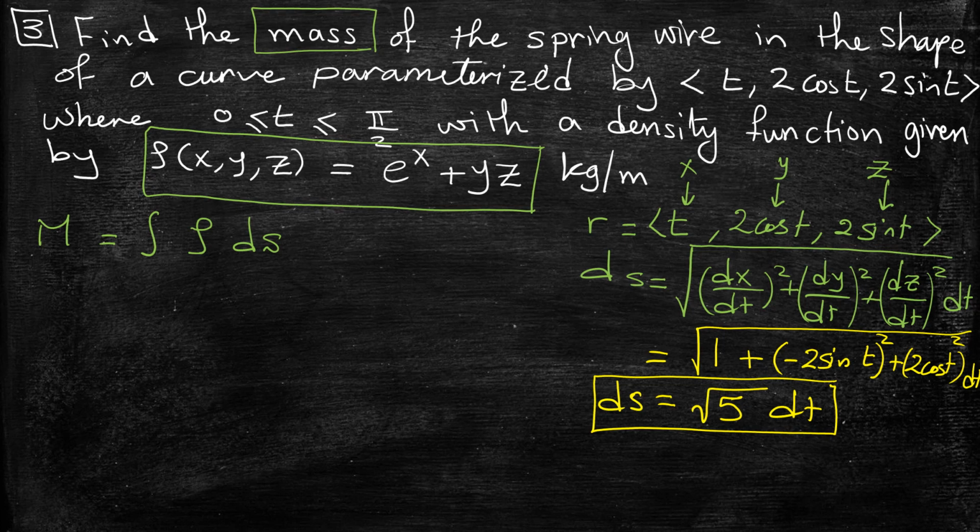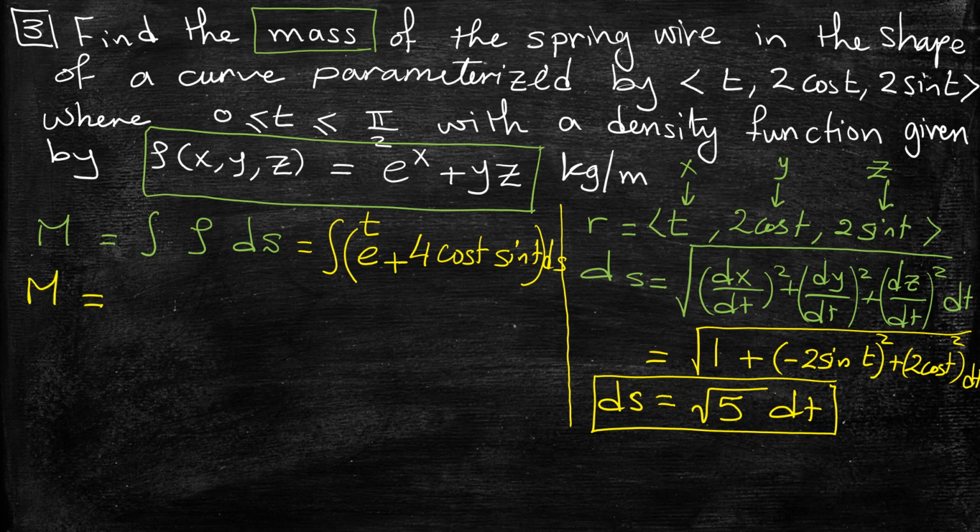Returning back to this one here. So rho here is e power x, which is e power t, plus yz, which is 4 cosine t sine t. We have this ds at the end. So just one step for simplification.